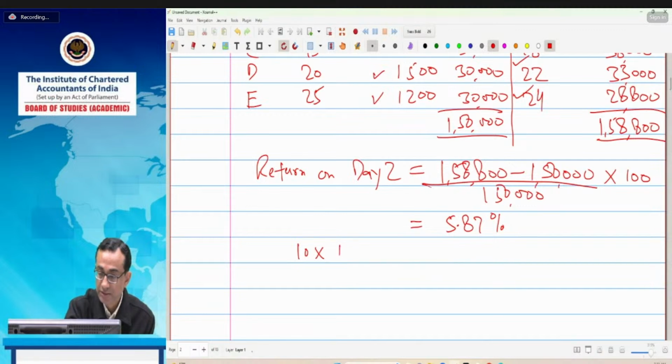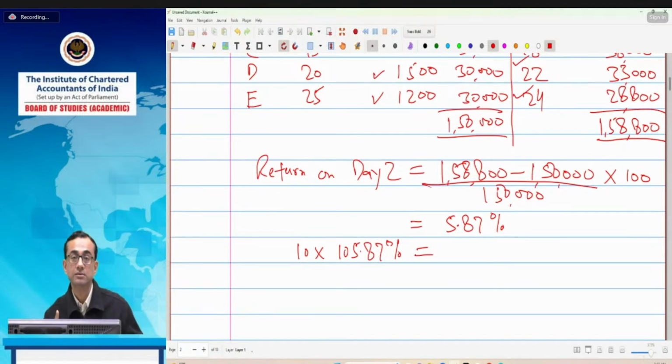So it will be 10 into 105.87%. Because on day one, the unit price was 10. So it is multiplied in proportion to the share value increase. So it will be 10 multiplied by 105.87%, which is actually 10.587. So now the cost per unit, or the cost on the part of the mutual fund investor, because the mutual fund investor will purchase at this unit price, is also called the NAV.